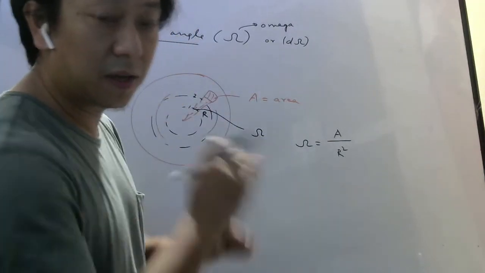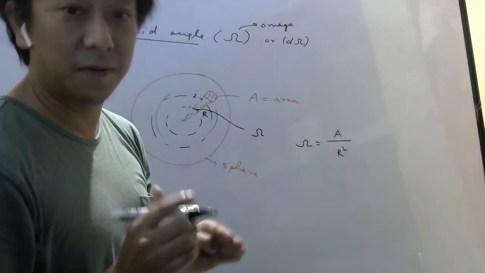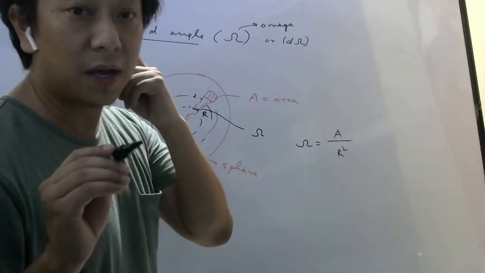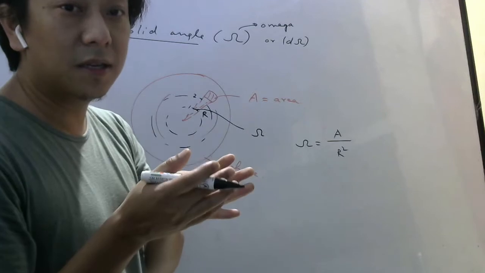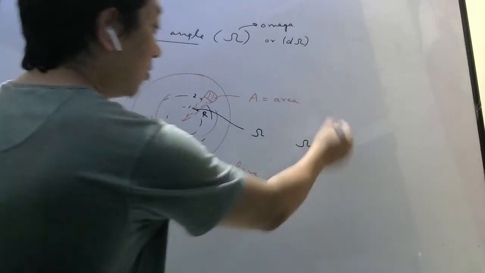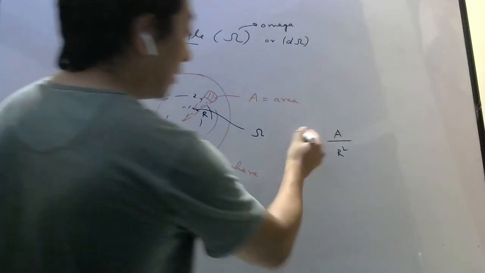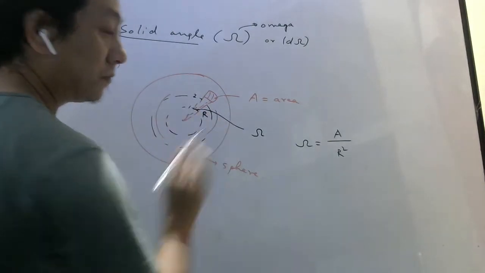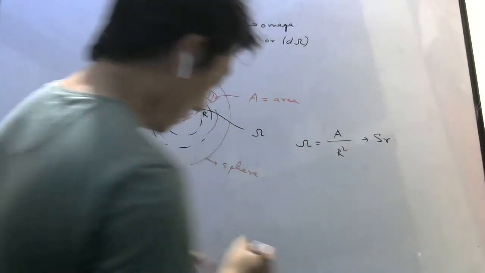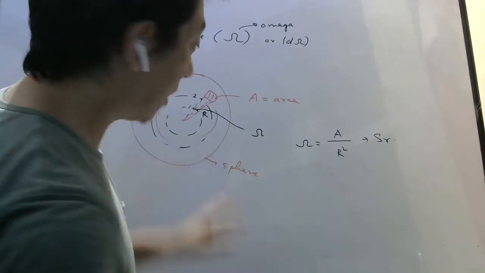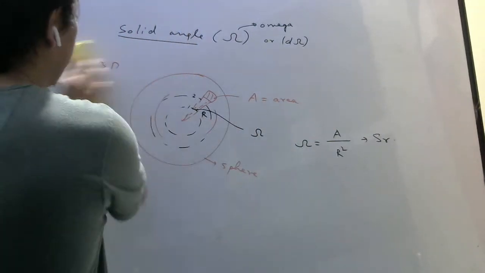Arc length increases with r. You know circumference is 2 pi r. So arc length increases with radius, here area increases with r square. So the ratio will be some constant, and that is what is called solid angle. The unit of solid angle is steradian. Okay, I hope solid angle is clear.